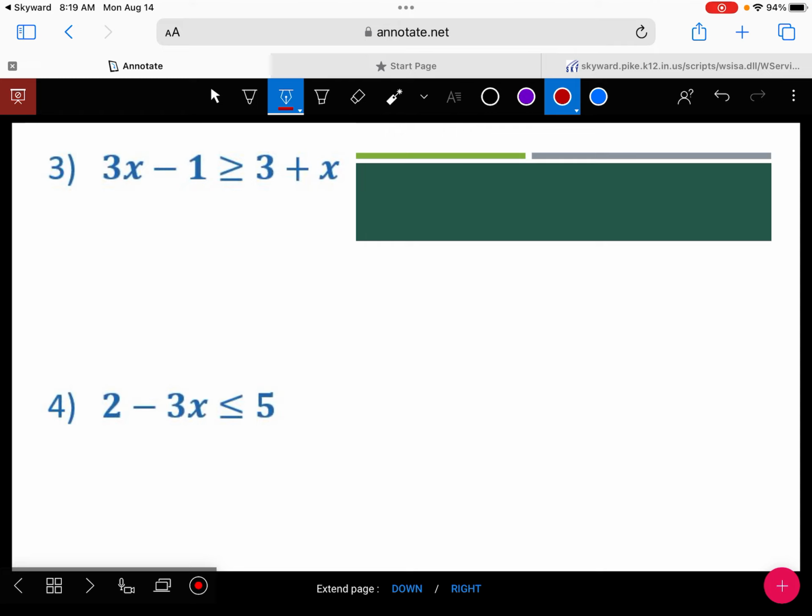All right, let's go ahead and work through it together. So our first step would be, I like to always have my x's on the left. So instead of subtracting 3x to the right, I'm going to subtract the positive x to the left. So let's subtract x.